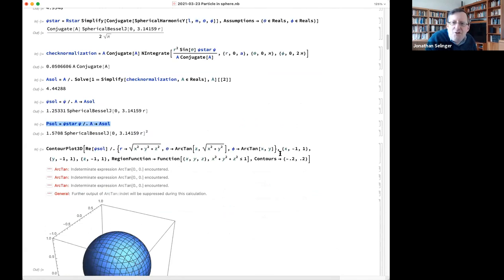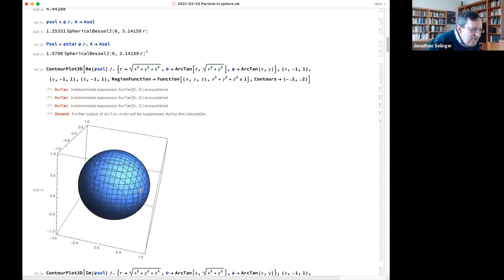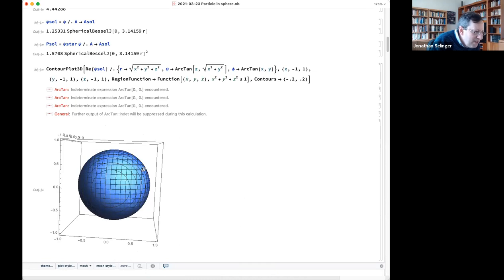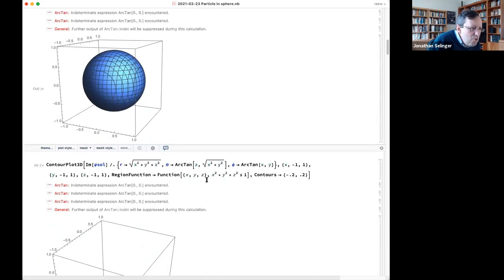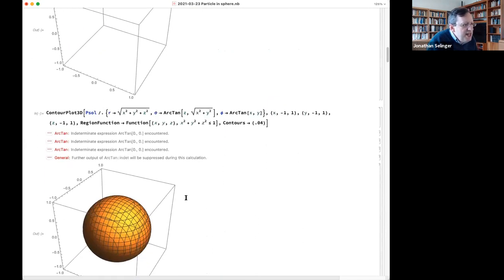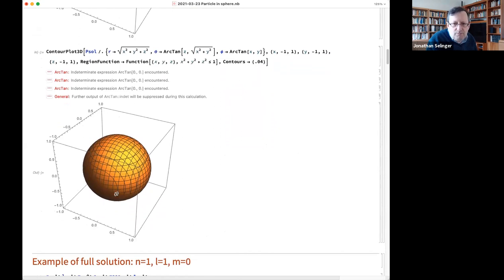So I make a contour plot in 3D of all the places where the wave function equals 0.2. That's a sphere inside our main sphere. Our main sphere has a radius of 1. This is like a little sphere of radius 0.7 or something. And likewise, the probability density is spherically symmetrical.